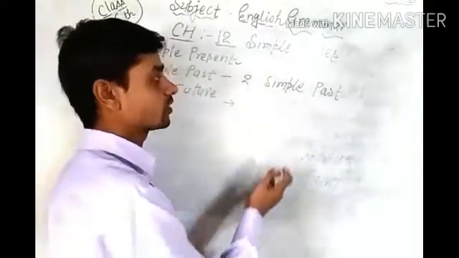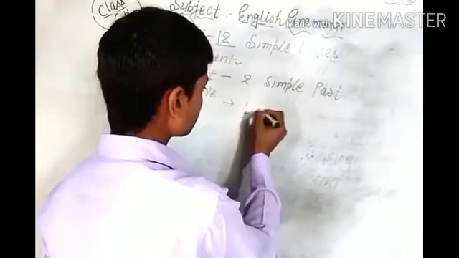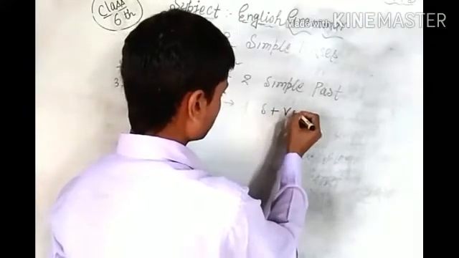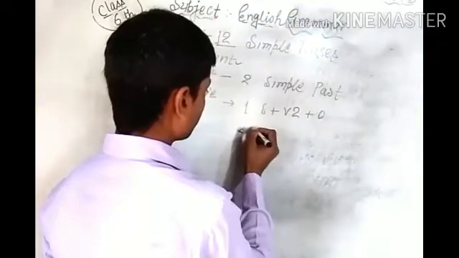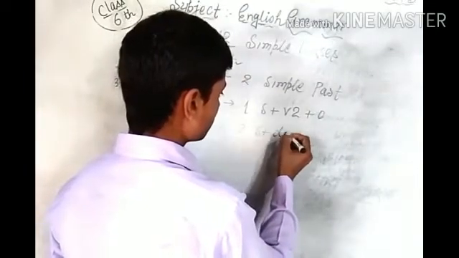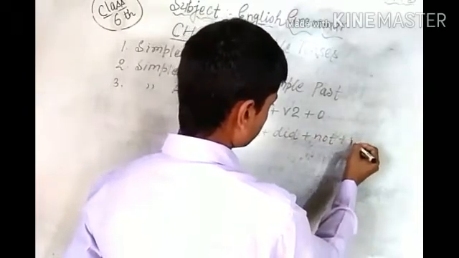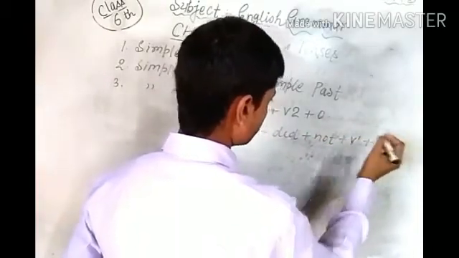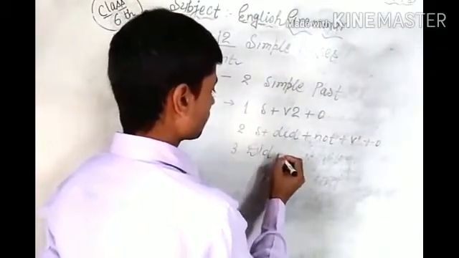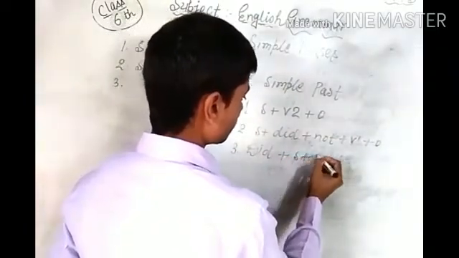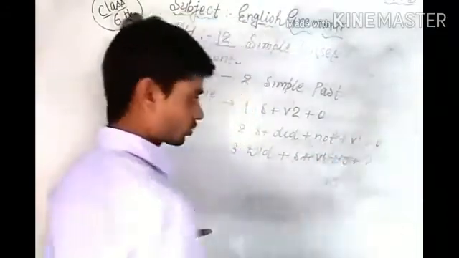Students, the structure of this tense is, first, subject plus verb 2 plus object; second, subject plus did plus not plus V1 plus object; third, did plus subject plus V1 plus object plus question mark.